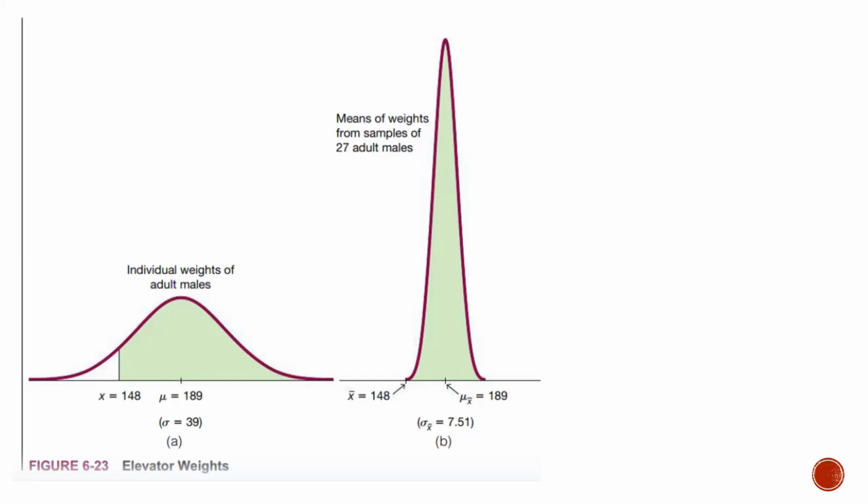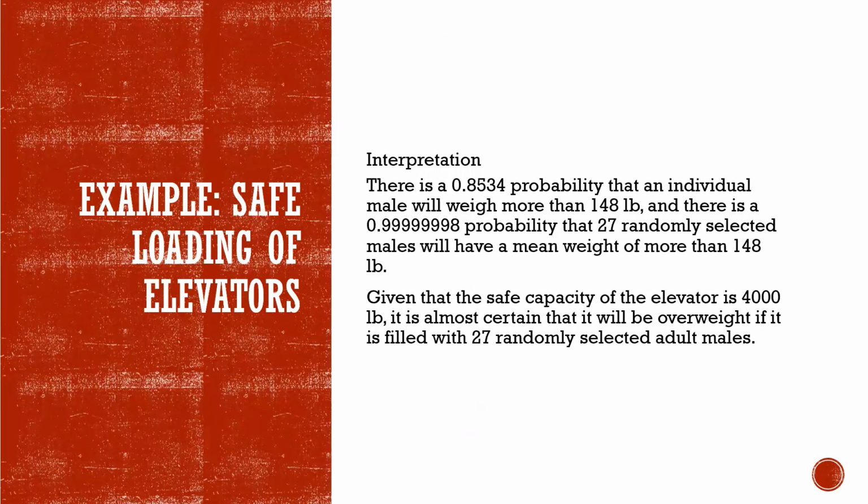So let's do some interpretation before I have you do one of your own. They actually calculate it, but this is why I'm saying you don't need to do it. Look at what they found the probability was when they used a more accurate table: 0.999999998.